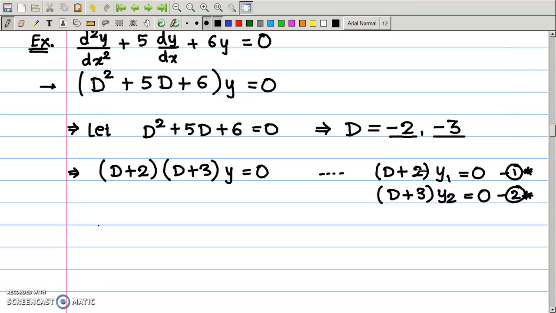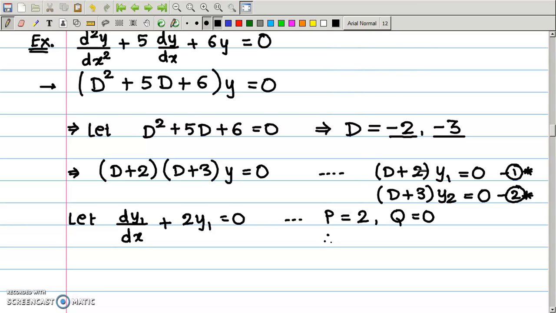So what will be the value if we consider dy1 by dx plus 2 times y1 equal to 0. Here the value of P is equal to 2 and Q equal to 0. Therefore the integrating factor will be e raised to 2x.